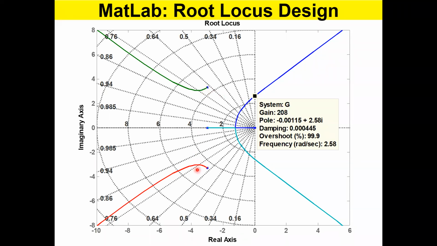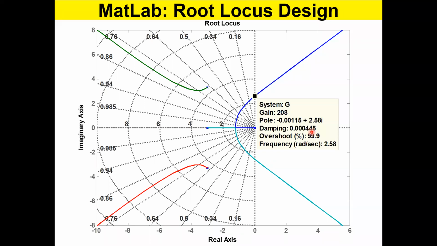And the conjugate pair have the angle of departure minus 132. Remember? So this is minus 132. It goes like that, the other one goes like that. Perfect.